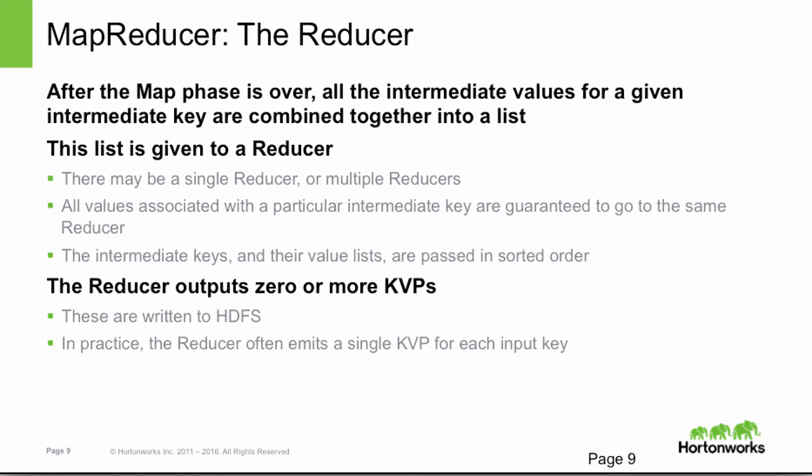And the value is actually a list, an enumeration, or a big array of all of the values for that one key that all the mappers previously produced. We'll show that in a second, it'll make a little bit of sense. And then a reducer, like a mapper, can produce as many key value pairs as it wants, or none.